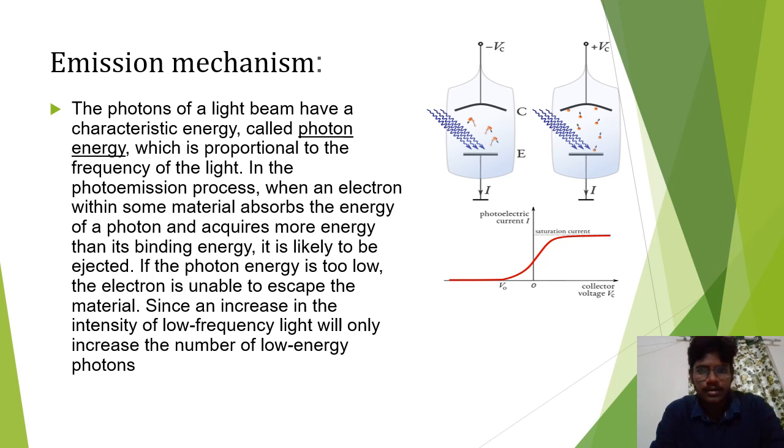The photons of a light beam have a characteristic energy called photon energy, which is proportional to the frequency of light. When an electron within some material absorbs the energy, it acquires more than its binding energy.